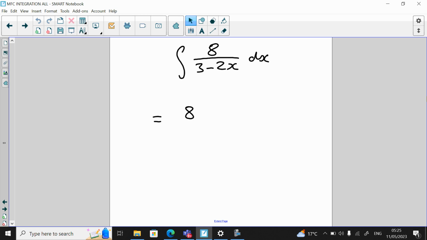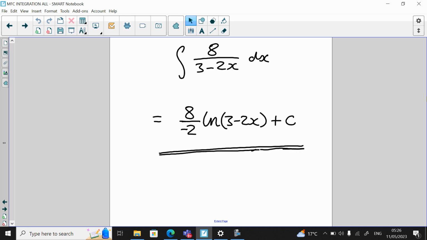So here it's going to be 8 over the x coefficient, which is negative 2, ln, and the stuff in the bottom of the fraction, put it in a bracket, 3 take away 2x plus c, but 8 divided by negative 2 is negative 4. So that's why I'm sorting that out there. I didn't leave it like that, even though I'd underlined it there. Try to catch out there. Negative 4 plus c. Done.